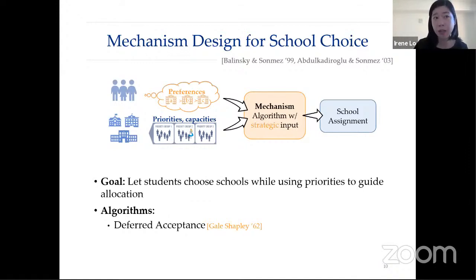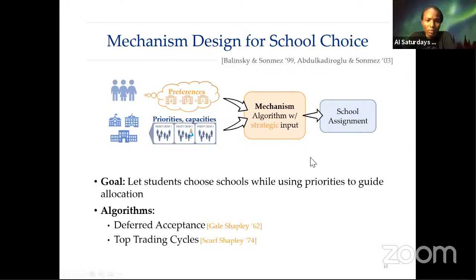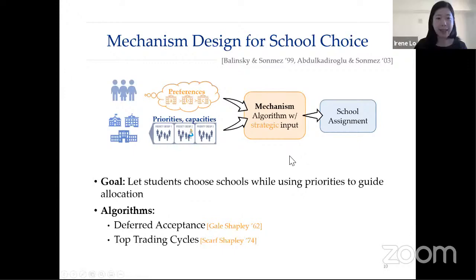One of them is called deferred acceptance, and one of them is called top trading cycles, and they're designed so that they're what we call strategy proof. It means that no matter how anyone else reports, you get your best possible assignment by saying truthfully what's your first rank school, your second rank school, your third rank school, and so on and so forth.